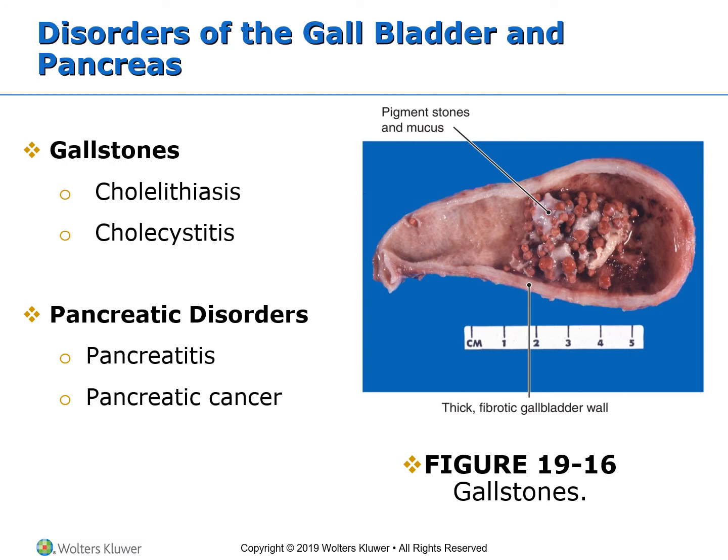In other situations, as a result of the presence of those gallstones, the patient may exhibit signs of inflammation of the gallbladder, which is called cholecystitis. Regardless of what type of signs and symptoms and what the condition is, the treatment is similar: the removal of the gallbladder by surgery.